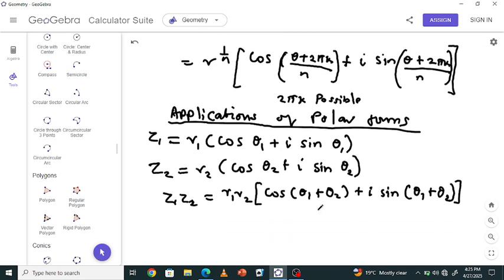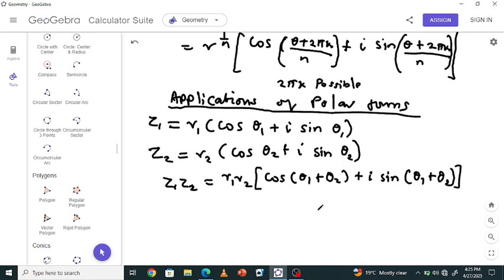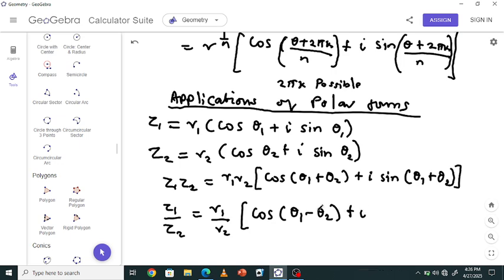And for division, z1 over z2 will be equal to r1 over r2 into cos theta 1 minus theta 2 plus i sin theta 1 minus theta 2. Now you need to take note that these applications of polar form are used when you're dividing complex numbers with a power which is above 1.